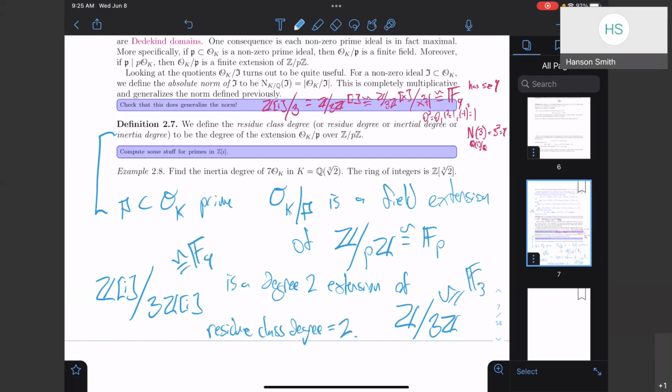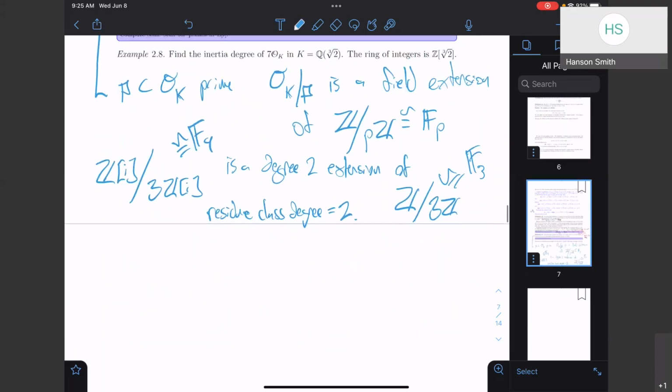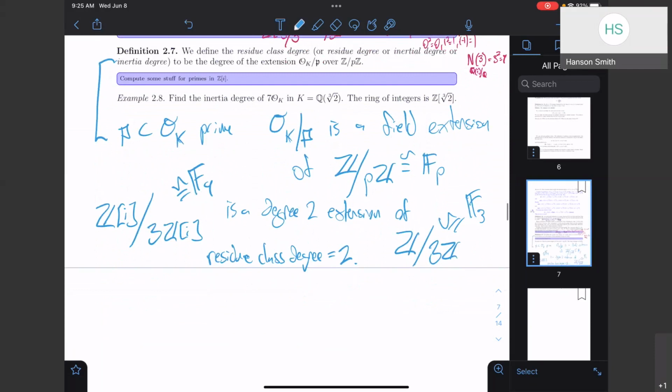All right, cool. And I gave myself this, oh, I have a whole new page, cool. So let's find the inertia degree of, and here I used inertia degree when I said I was going to use residue class degree.